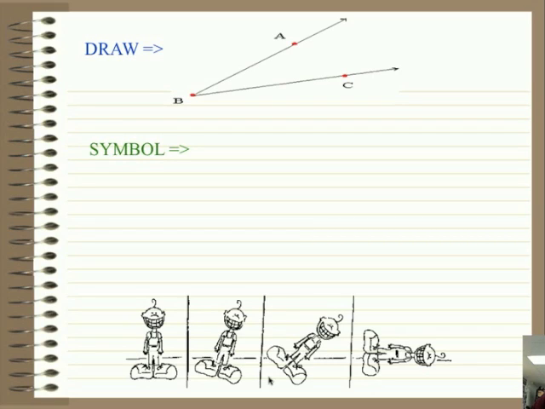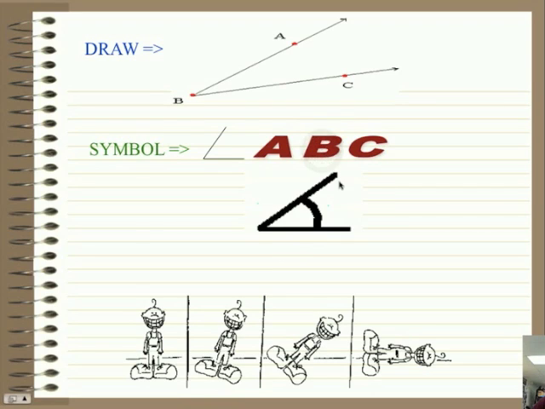There's going to be a symbol that you use, which is a simplistic or smaller version of what looks like an angle. So it's a smaller part, and then we just put the letters next to it. So again, ABC, B being the middle point of this for your vertex. The one thing that you may see in examples of angles is the little arc sign, which is the little black curve that you see in that angle, and that will be something you look for when we get into triangles, of trying to find angles of triangles.